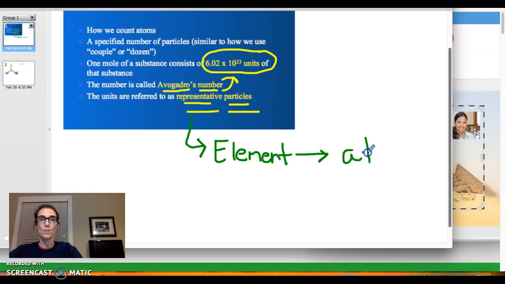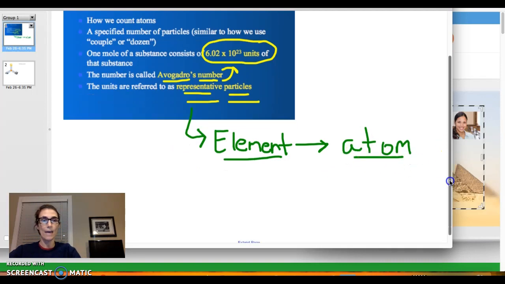So you might talk about 6.02 times 10 to the 23rd atoms of helium, 6.02 times 10 to the 23rd atoms of carbon. If you're just talking about an element alone, the representative particle is the atom.